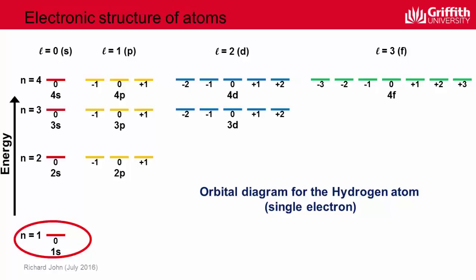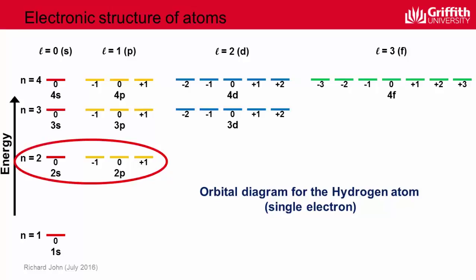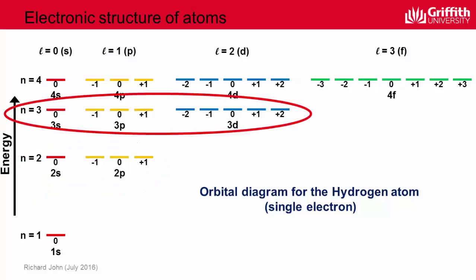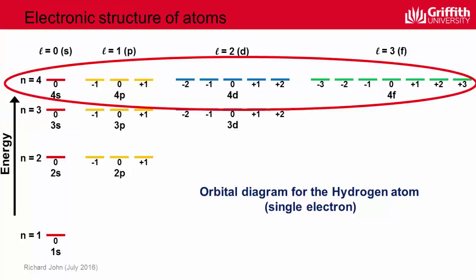Now there is one orbital and one subshell in the n equals 1 shell. There are 4 orbitals and 2 subshells in the n equals 2 shell. 9 orbitals in total in 3 subshells in the n equals 3 shell. And a total of 16 orbitals grouped into 4 subshells at the n equals 4 shell.